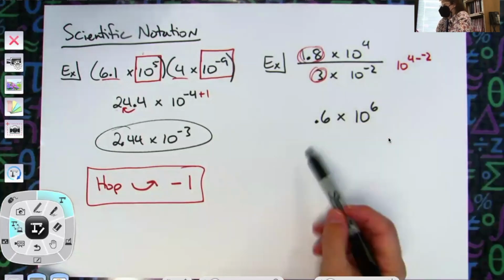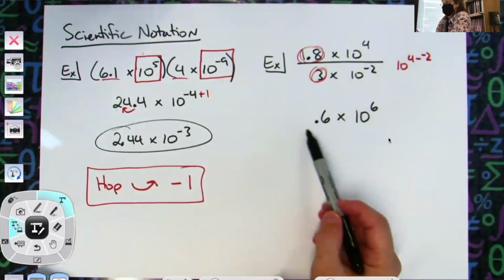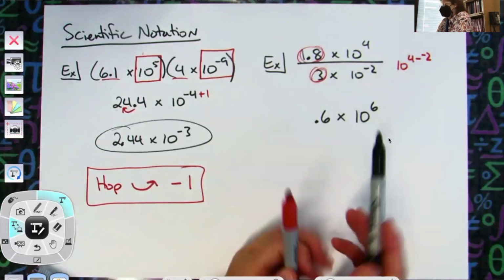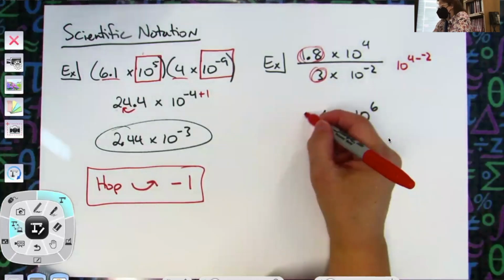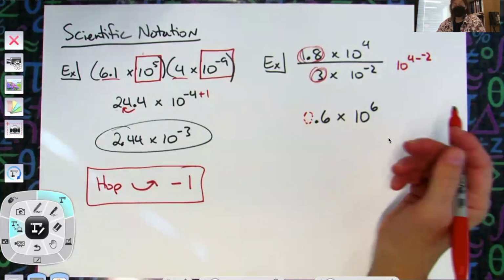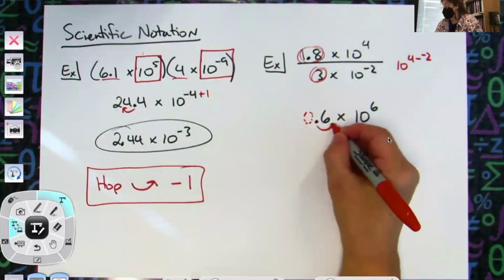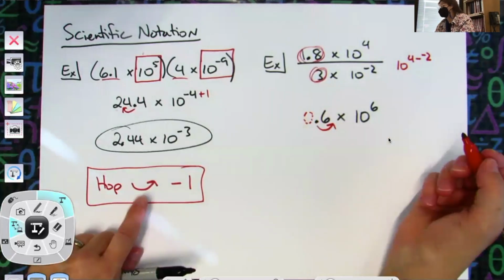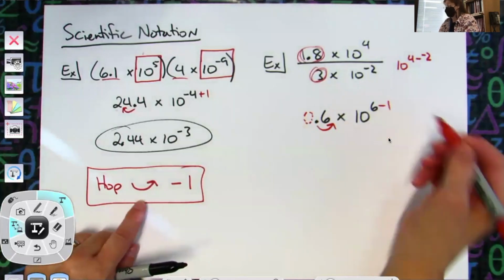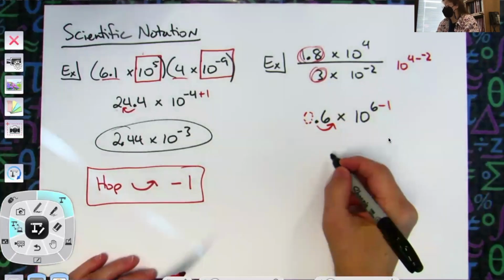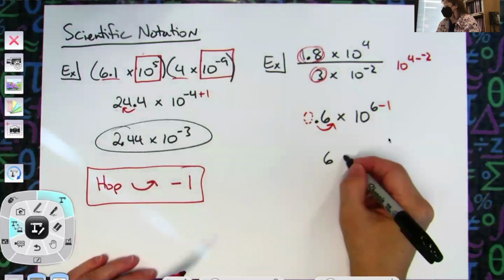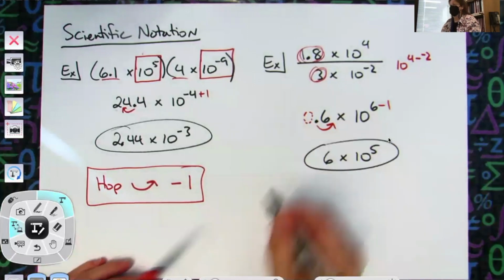Then you look at this: is this in scientific notation? It's not, because a leading 0 in front doesn't count as a number. Which means I've got to hop 1 to the right, and when we hop 1 to the right, we subtract 1. So in scientific notation, 6 times 10 to the 5th.